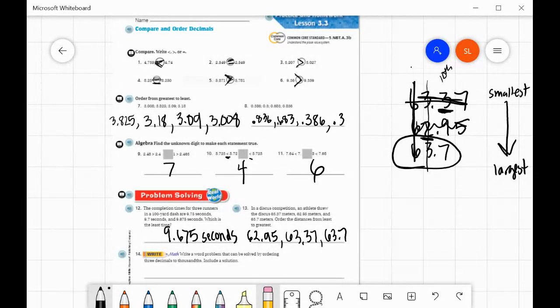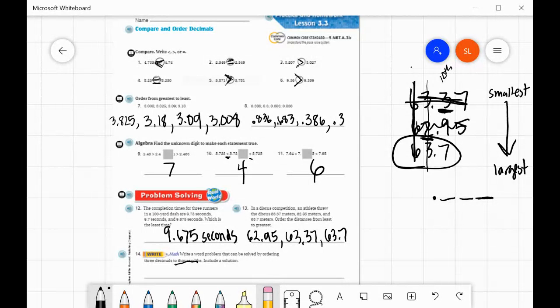All right. And number 14, write a word problem that can be solved by ordering 3 decimals to the thousandths and include a solution. So you're going to make a problem that's just like the one we just did, that goes to the thousandths. So that means it needs to be 1, 2, 3 past the decimal.